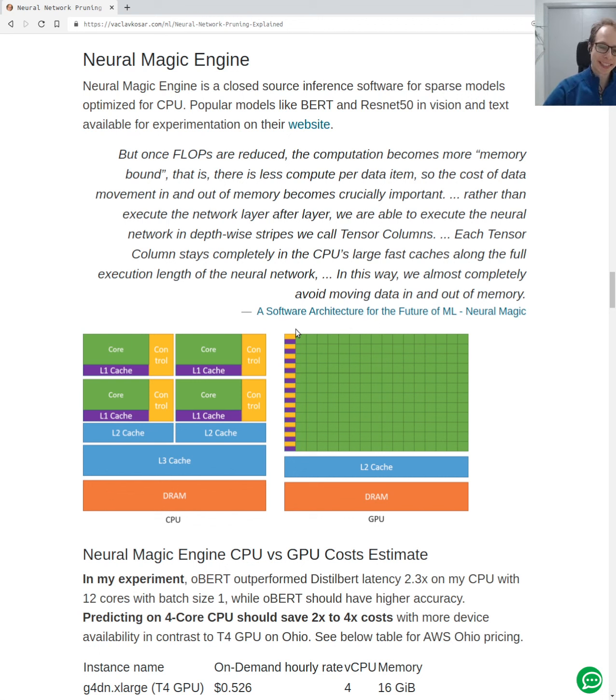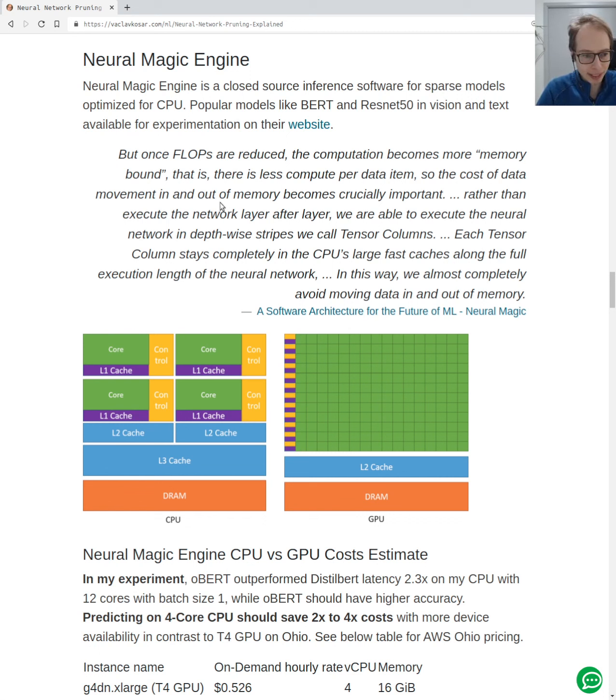While on GPU this kind of approach is not going to help so much, because if you are doing this large multiplication and just some parts are set to 0, this is not going to help you. It can help you a little bit if you optimize by removing some parts of the multiplication, but this is where CPU can actually shine thanks to the caches.